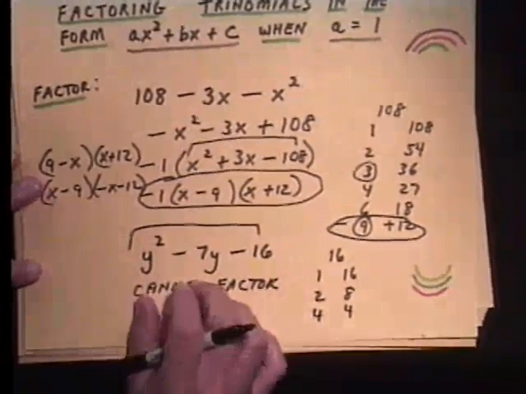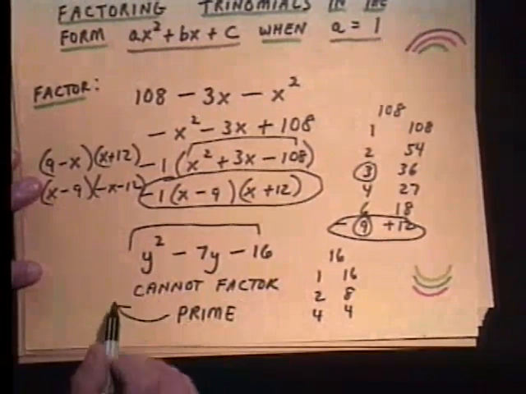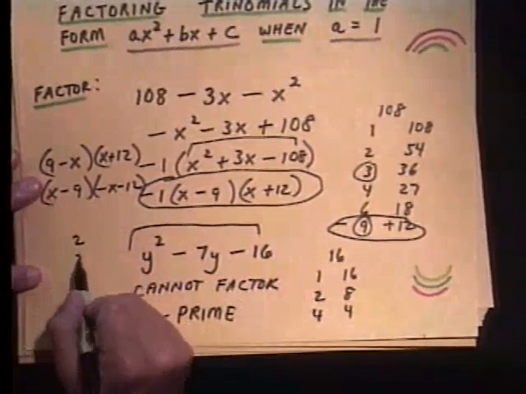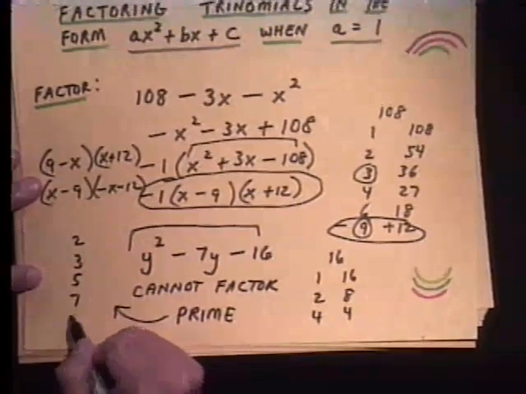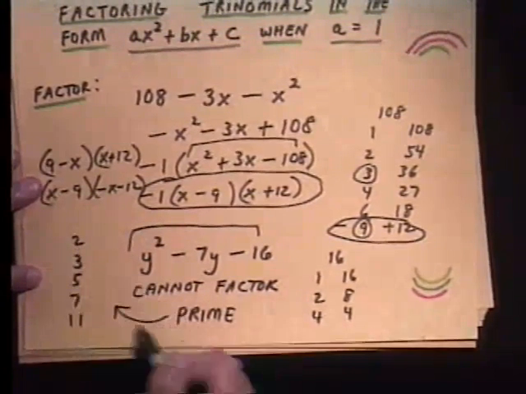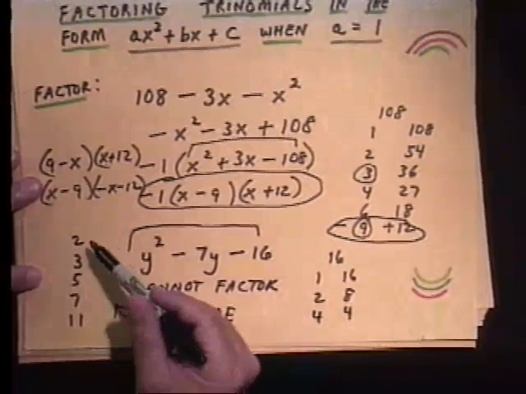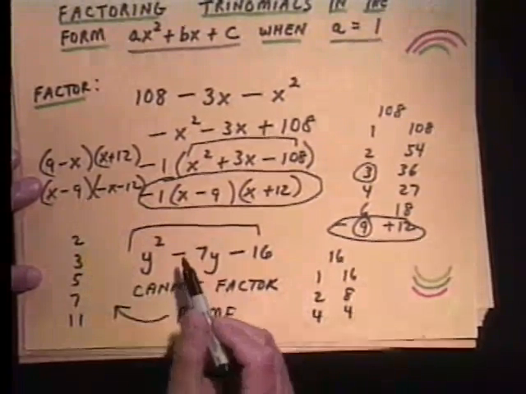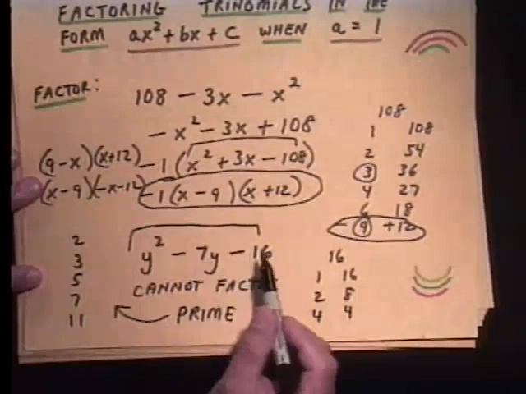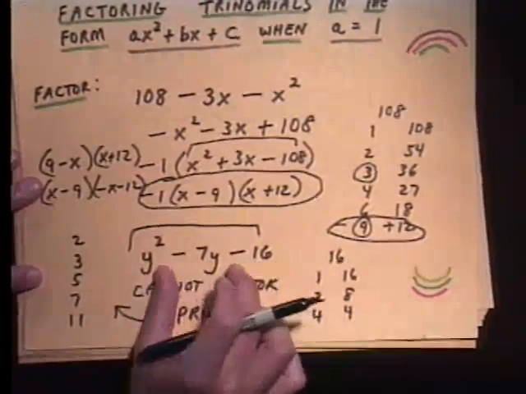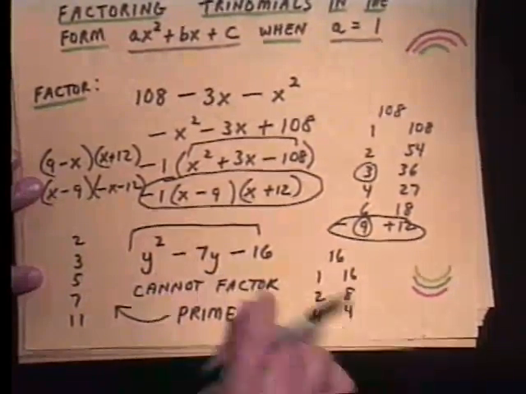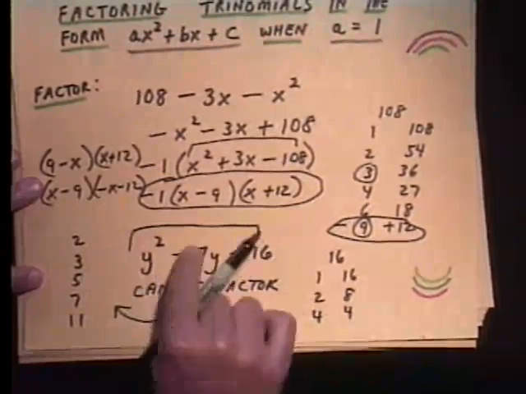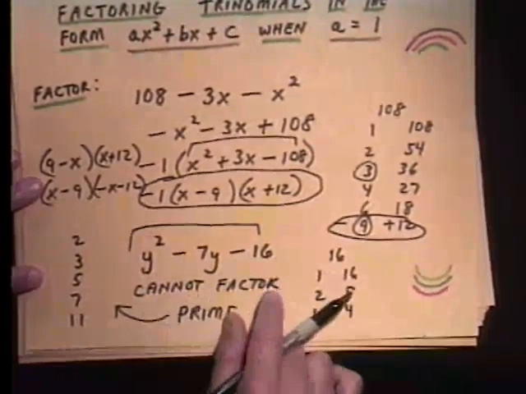Think about prime numbers: 2, 3, 5, 7, 11. What makes these numbers prime is that there's nothing that goes into them besides 1 and itself. This is the same kind of creature. Nothing breaks this apart. There are no factors that will give me that middle term, so I just call it a prime polynomial or cannot factor.